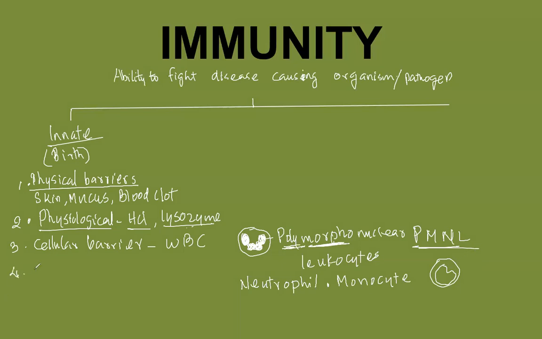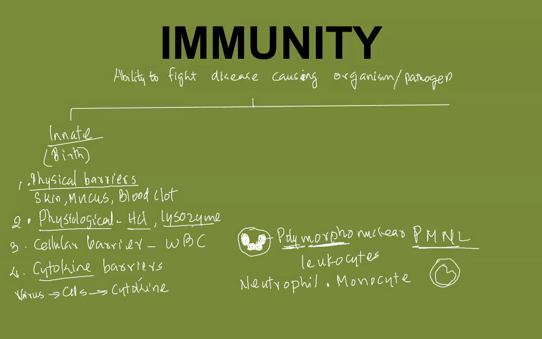And the fourth one is called cytokine barriers. So there are 4 different kinds of barriers. What is this? Cytokine is a chemical produced by cells after being infected by a virus. When a virus infects the cells, what do the cells produce? Cytokine. And what does the cytokine do?